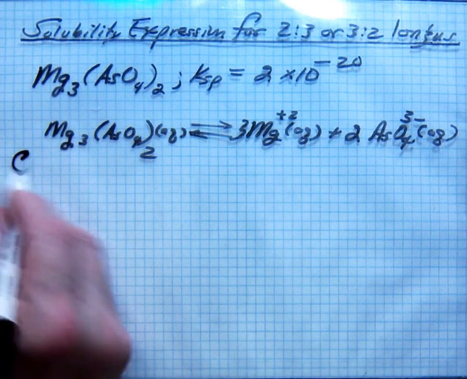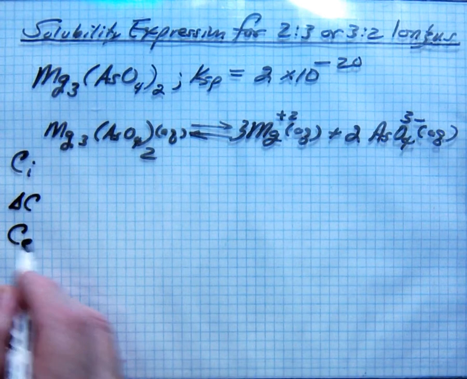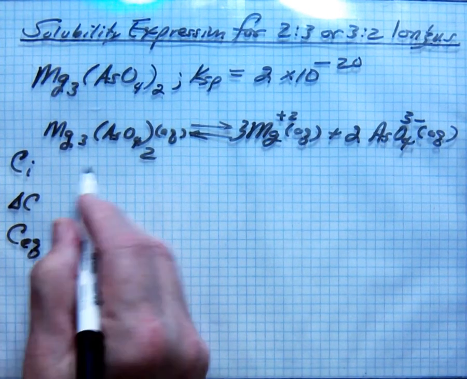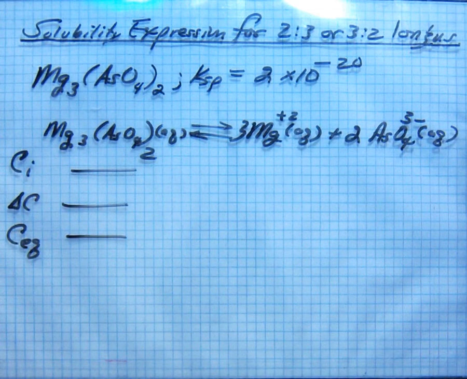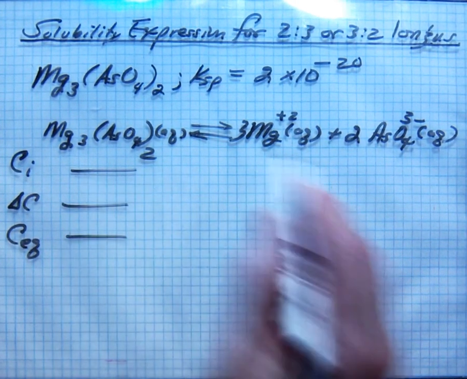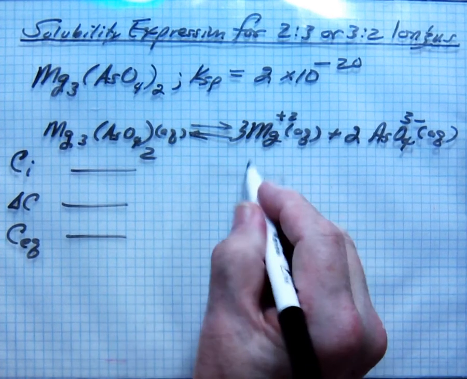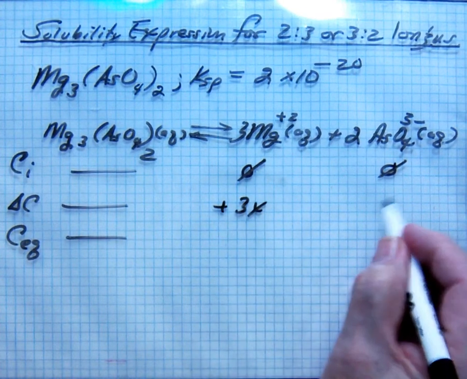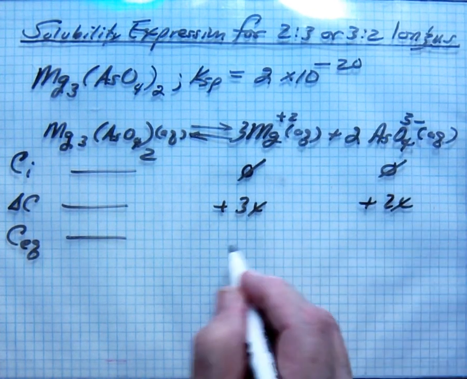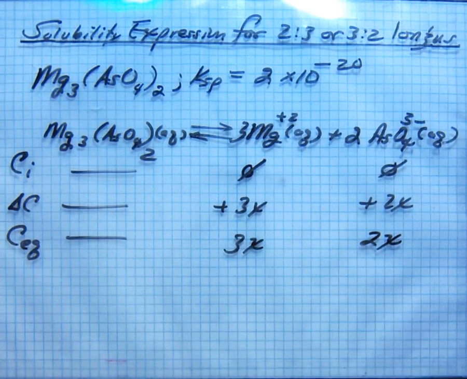Set up the ice table like that. We disregard the magnesium arsenate, it's not part of the expression. And what is delivered? Well, 3x, let's do it right. 0, 0 plus 3x plus 2x, and we wound up with 3x and 2x concentrations.